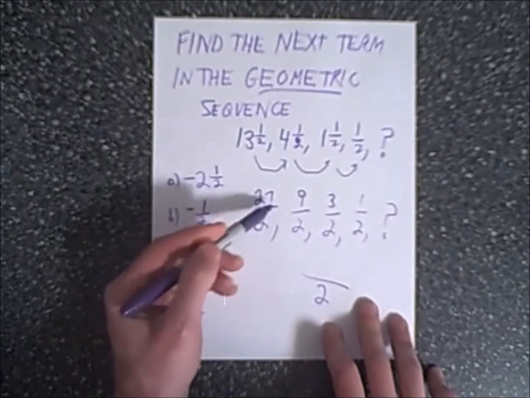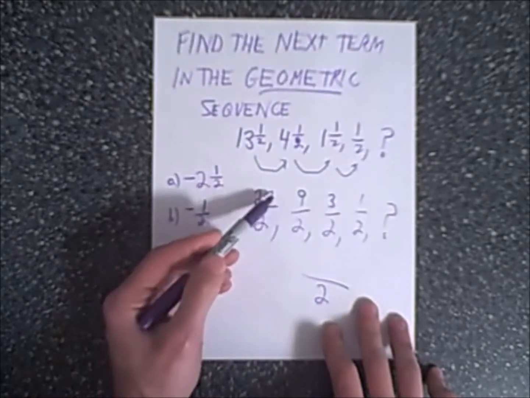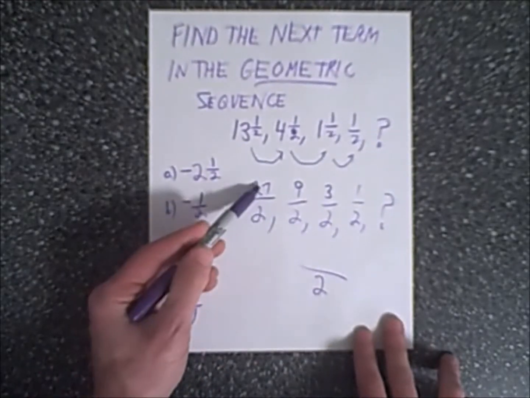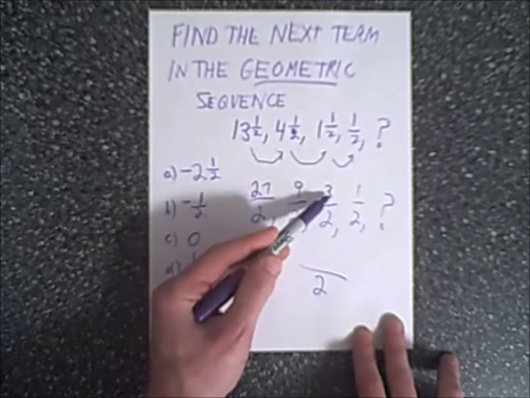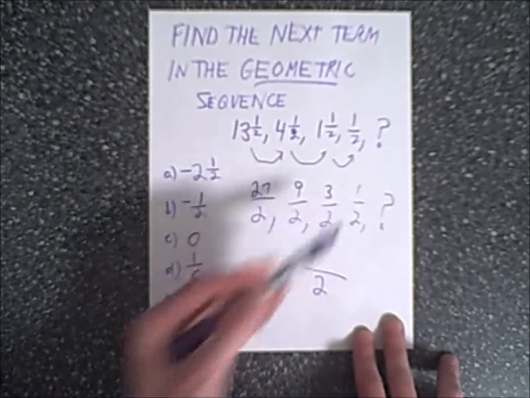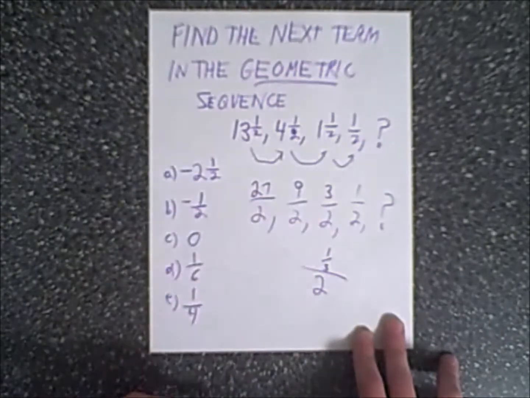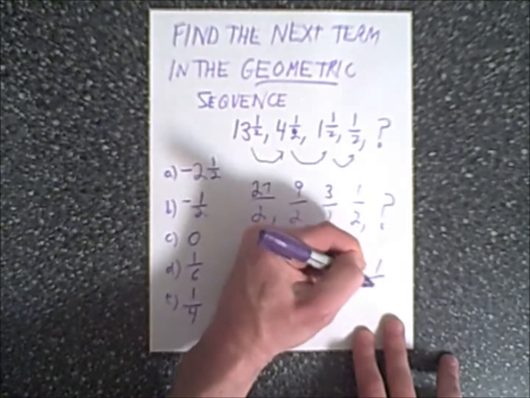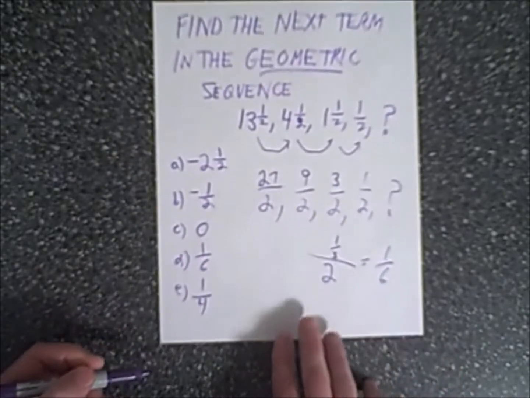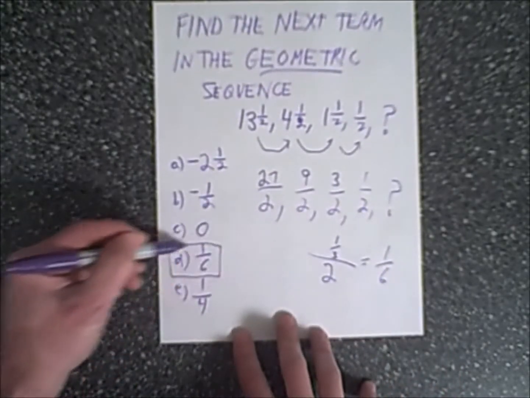And what's going on with the numerator? We're multiplying by 1/3, or dividing by 3. 27 divided by 3, 9 divided by 3, 3 divided by 3. So what would happen to the 1? We would divide by 3, and we get 1/3 over 2, which would, of course, equal 1/6. And our answer would be 1/6.